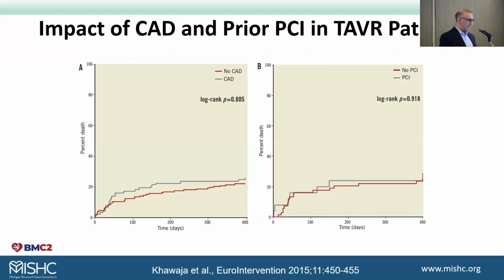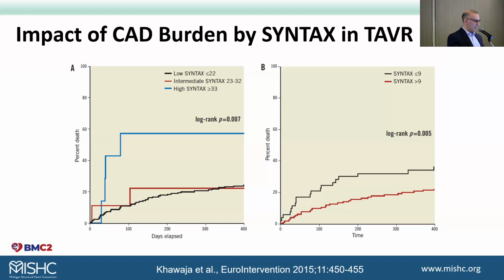The impact of CAD in prior PCI and TAVR patients, no CAD versus CAD: no significant difference. It doesn't really matter whether they have it or not. And even when you look at it by SYNTAX score, it's only in the high SYNTAX score that it seems to have an effect on your outcomes at 400 days, at 18 months post-intervention.